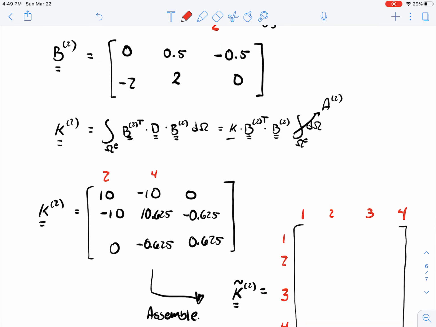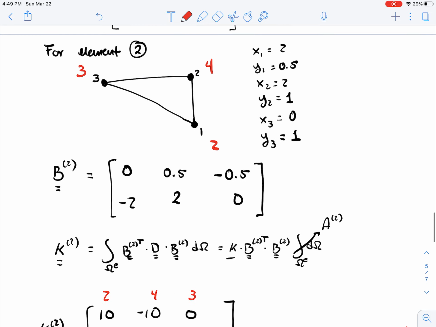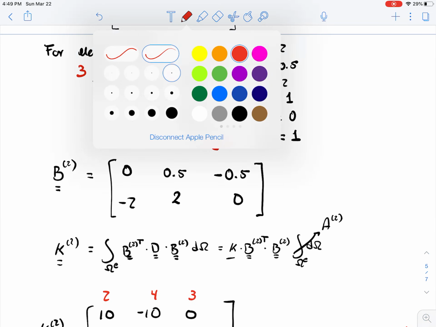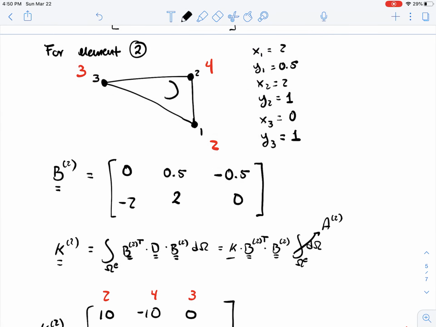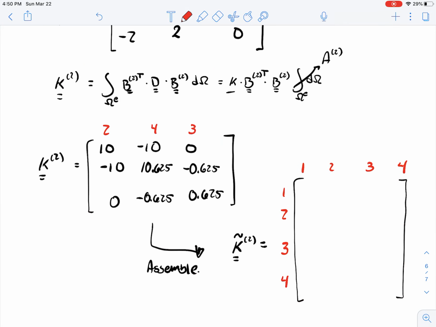And that's in that order because that's how I numbered my element. I numbered it like this, right? Starting from here, then this one, then the one on the top left. So here I just do the same: 2, 4, 3, 2, 4, 3.